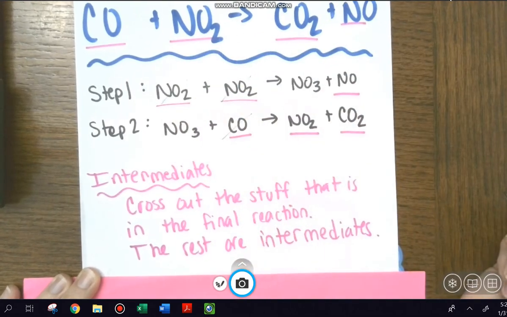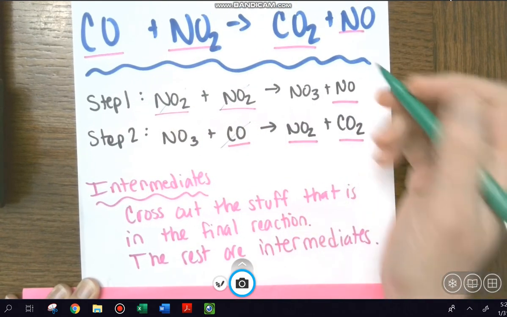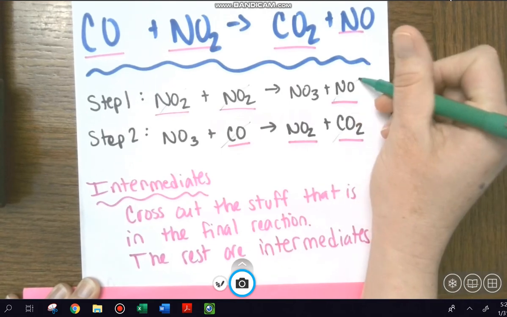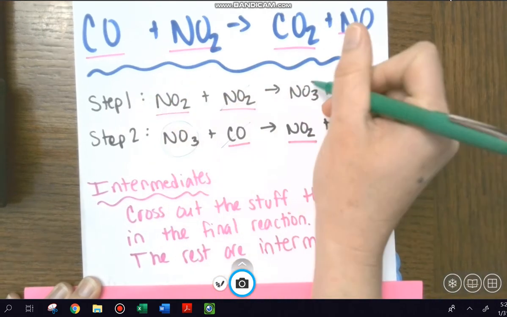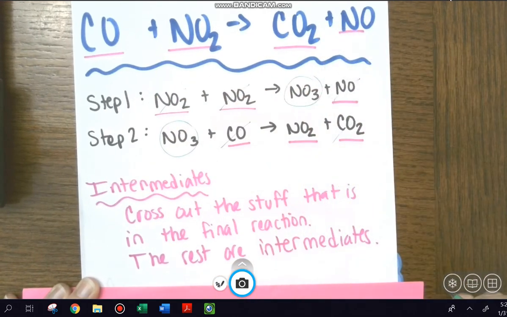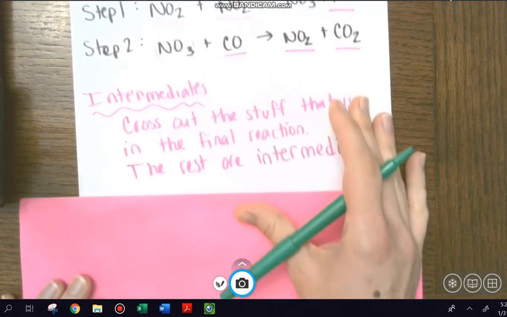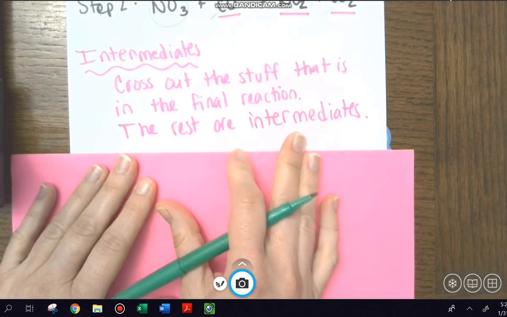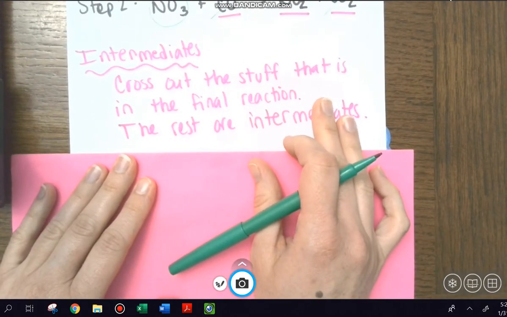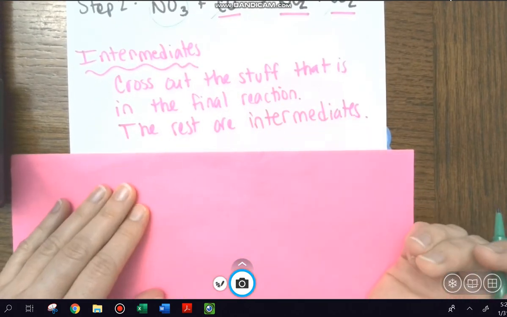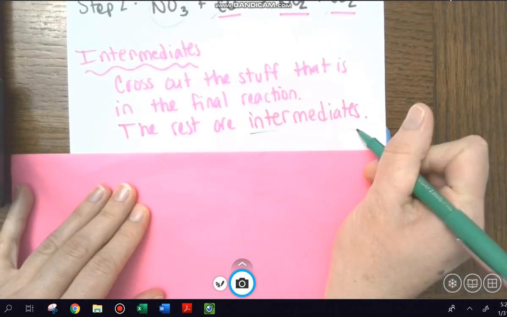Those are in our first reaction, right? And then over here we have CO2 and NO. So what we see here is crossing out all the stuff that's in the final reaction, and what we have left over, those are our intermediates.